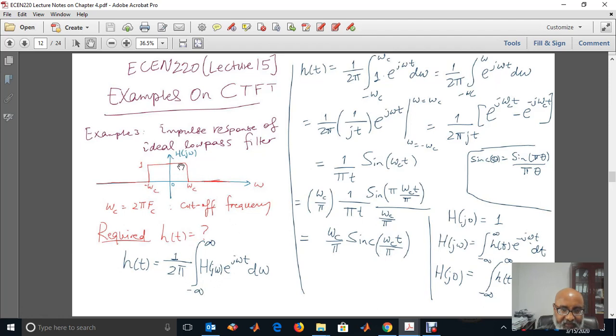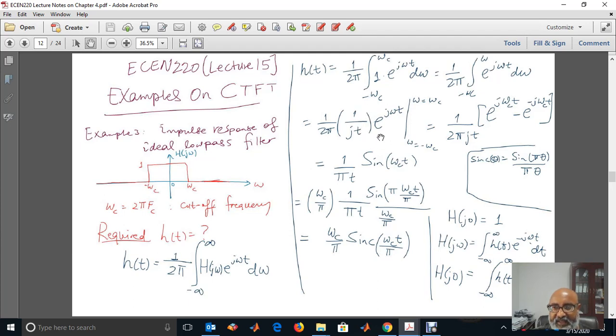But H(j omega) is given from the graph. It is 1 between minus omega c and omega c, 0 everywhere else, okay? So we integrate from minus omega c to omega c, 1 times e to the power j omega t d omega.